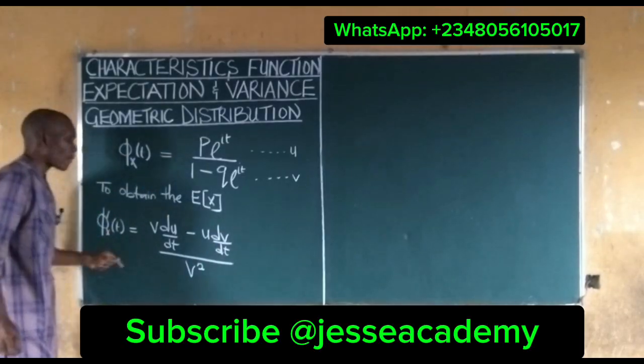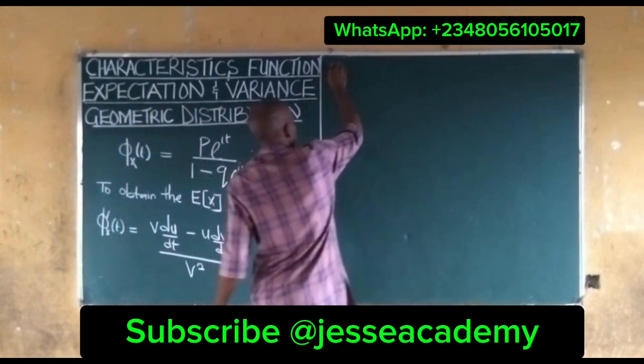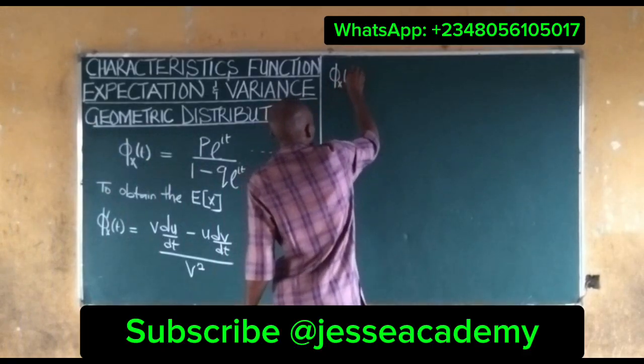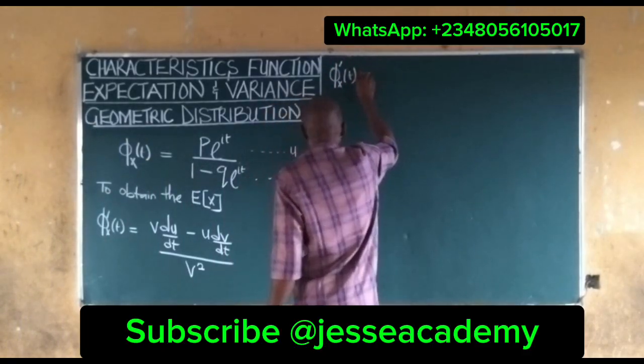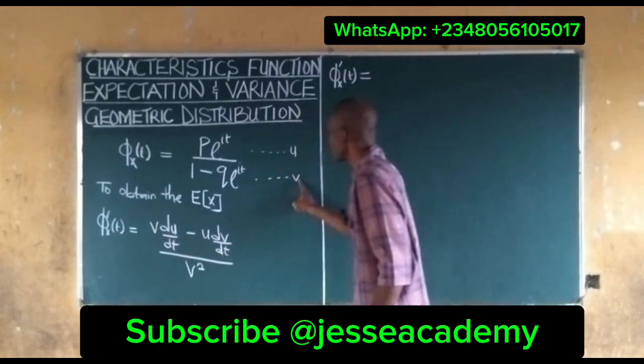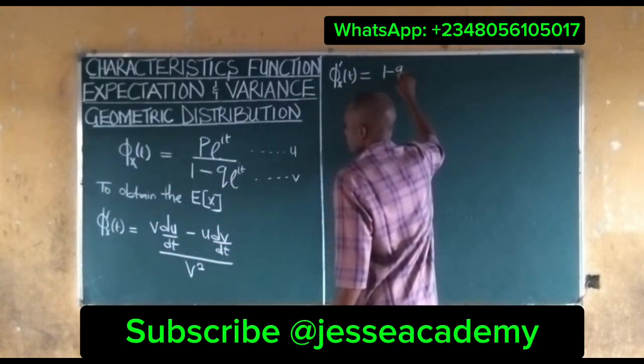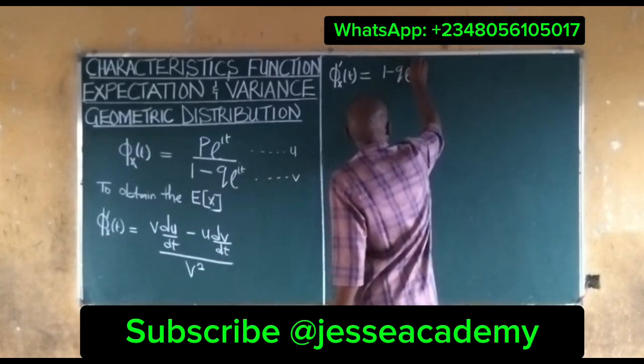So our characteristic function for the geometric distribution gives us v, which is 1 minus q e^(it).